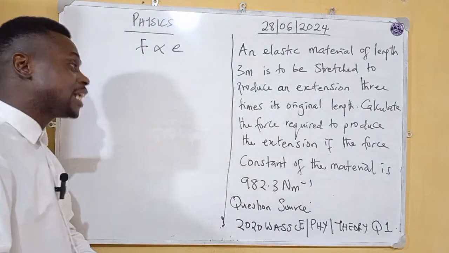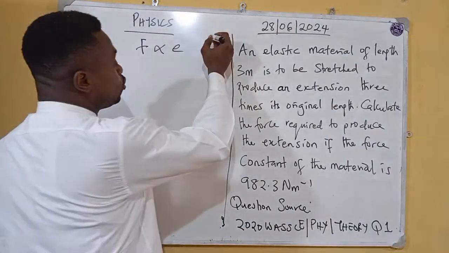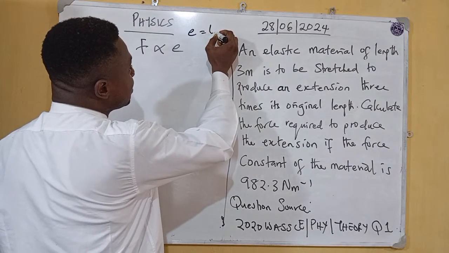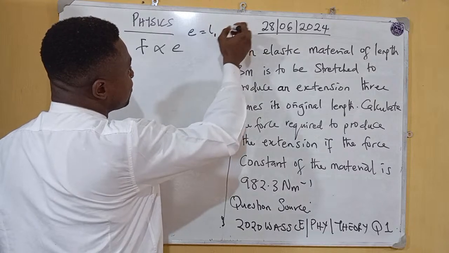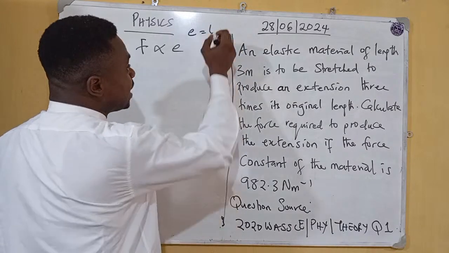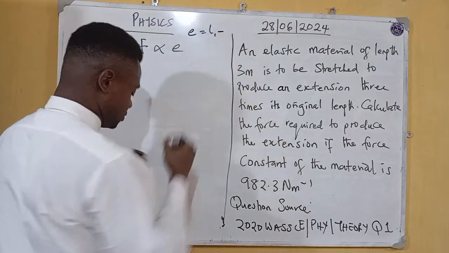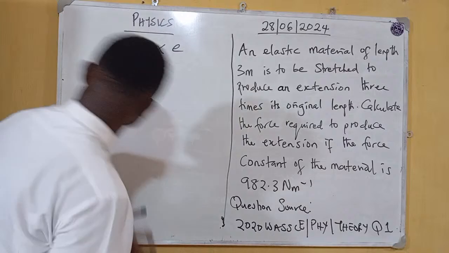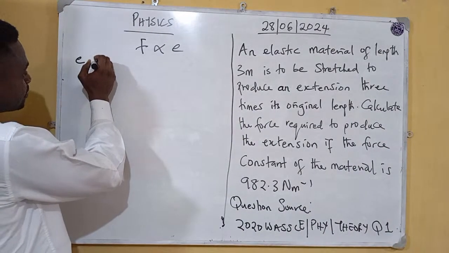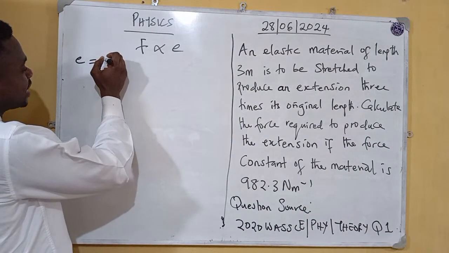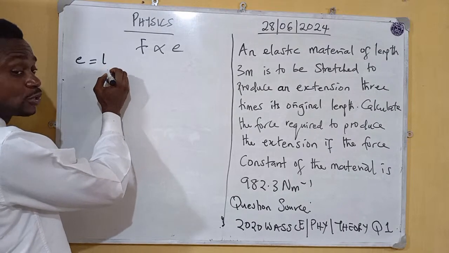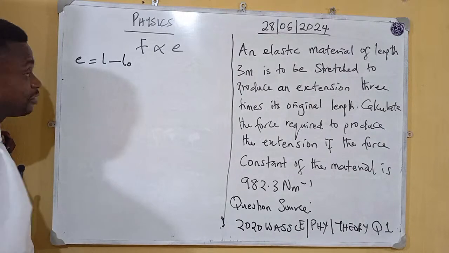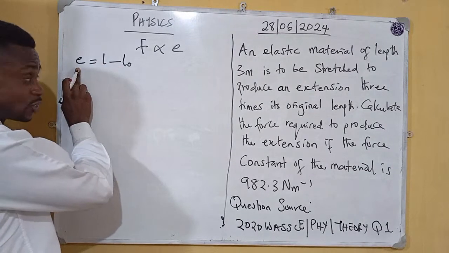Extension is simply the difference between the length produced when you apply the force and the original length of the material. This difference will give you the extension.